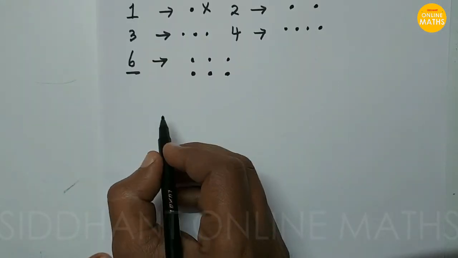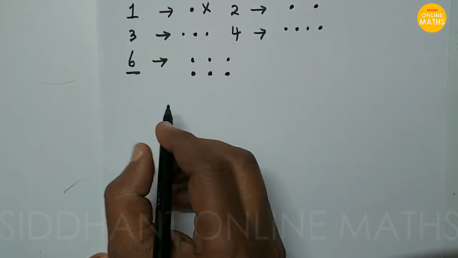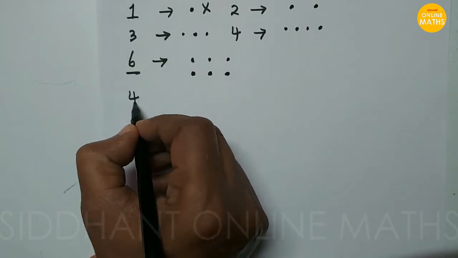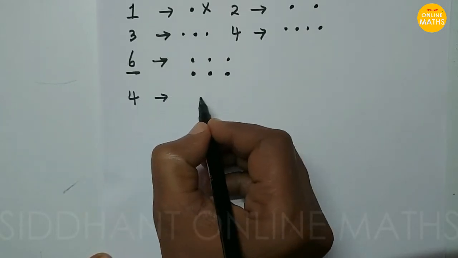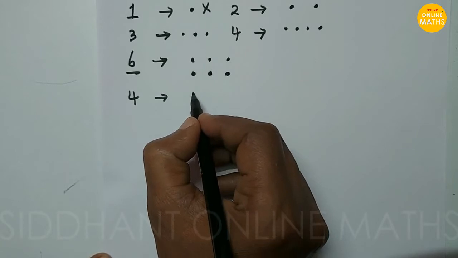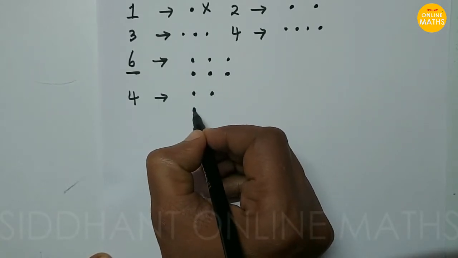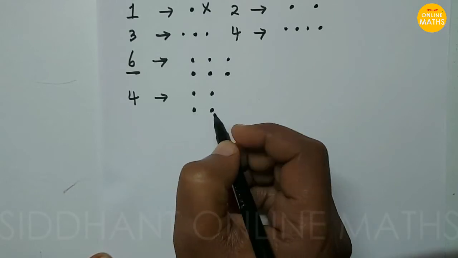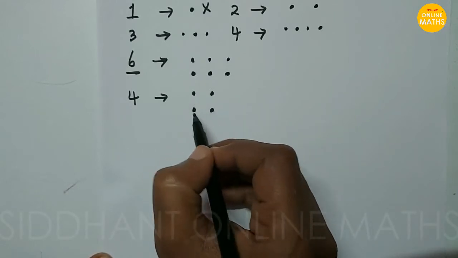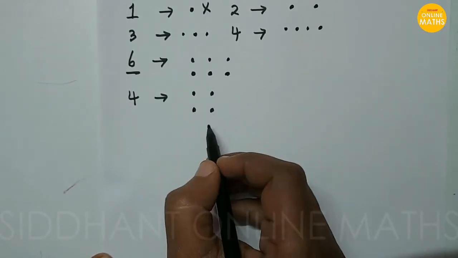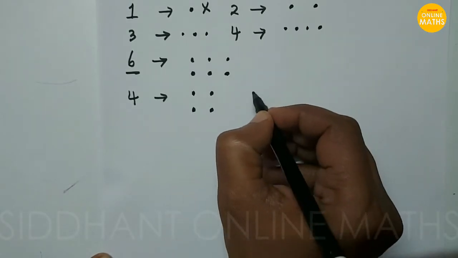In the same way you are going to see other shapes. Suppose you take a number 4, then you are going to see a shape of a square. So 4 dots you see here. This is 1, 2, and this is 3 and 4. So it looks like a square with 4 dots. Suppose you take number 9.